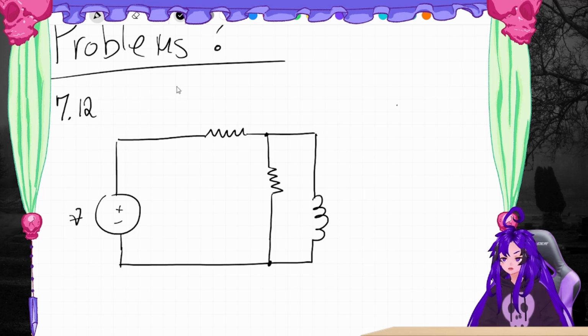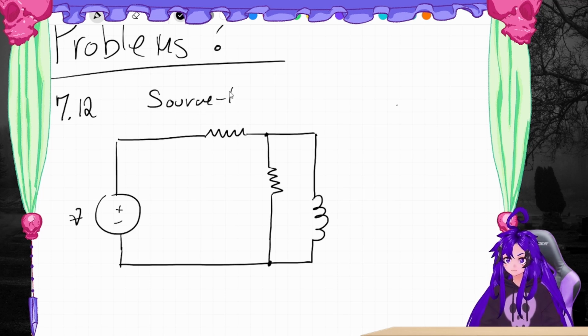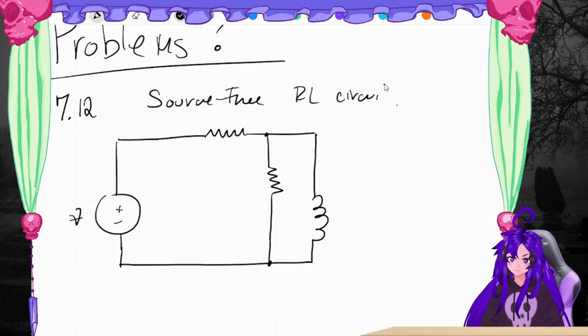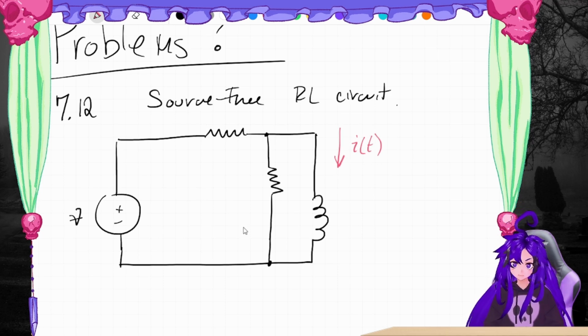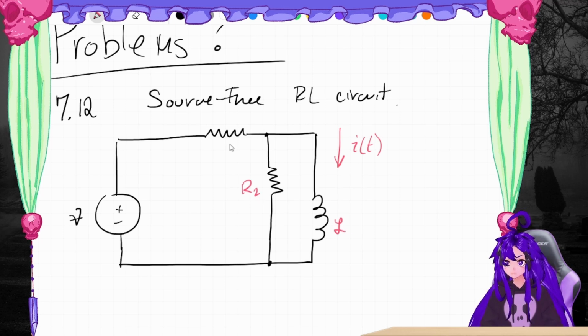So this one told you outright this is a source-free RL circuit. And we were basically given free rein over it. We were given the current I here, and that this is L, and that this is R2, and that this is R1, and that at t equals 0, this opens up.